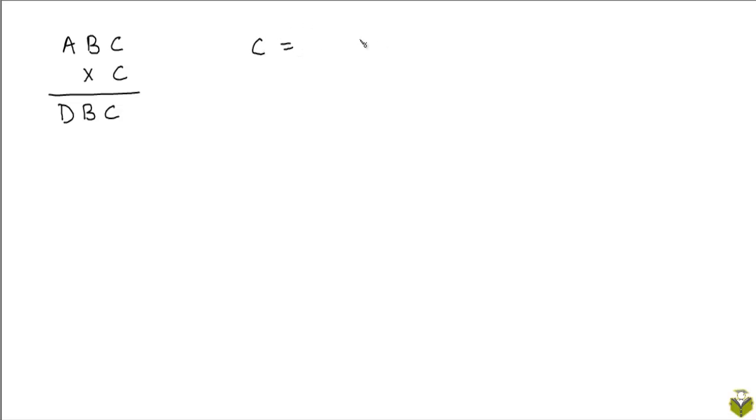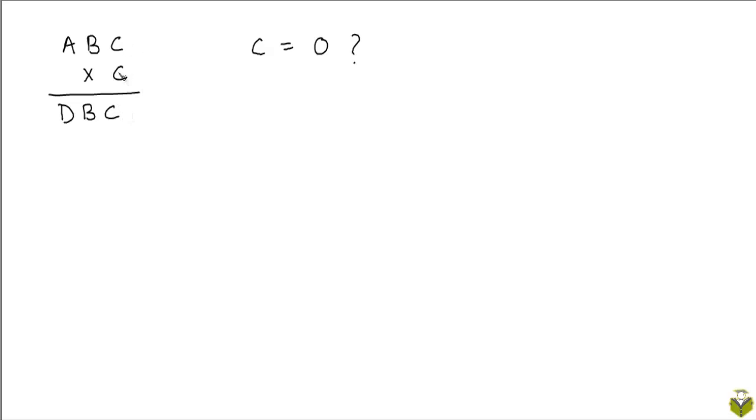Can C be 0? Well, if C is 0, then this 3-digit number would be multiplied with a 0, and the result cannot be a 3-digit number. The result would have been a 0.